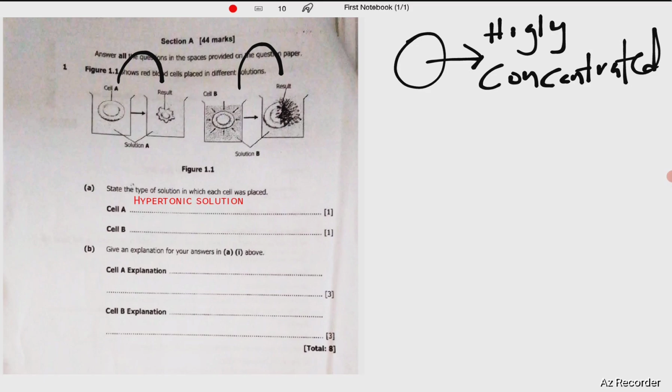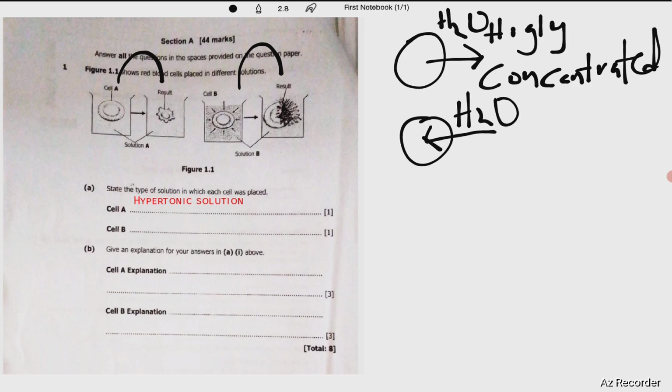Then, looking at cell B, it burst. Having burst means it received water. This is osmosis, so here water is coming in.